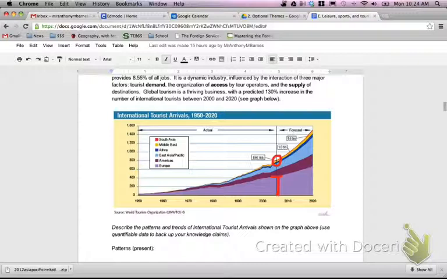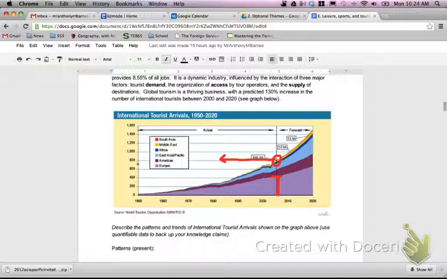So what you have to do is, if you look here and go across, okay, the Middle East is between about 750 million to 800 million. So there's only about 50 million tourists in the Middle East in 2006, whereas there's 400 million in Europe, okay?